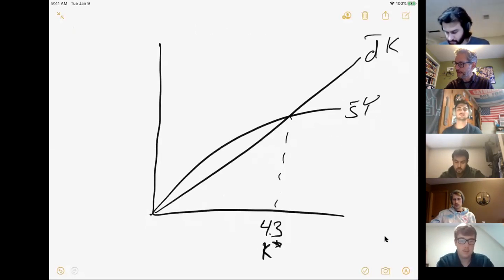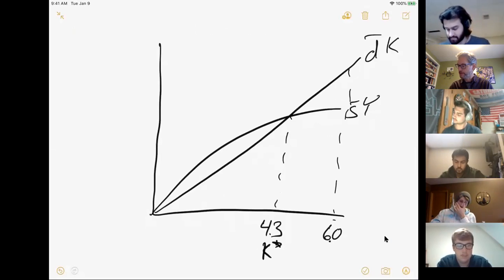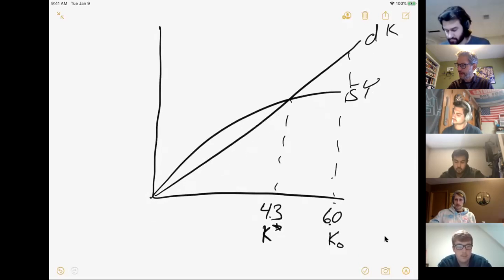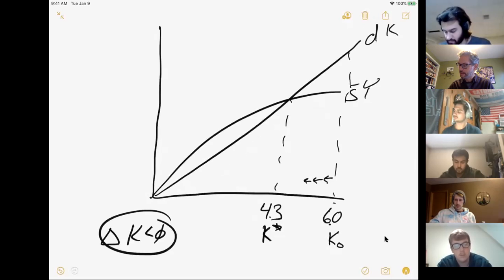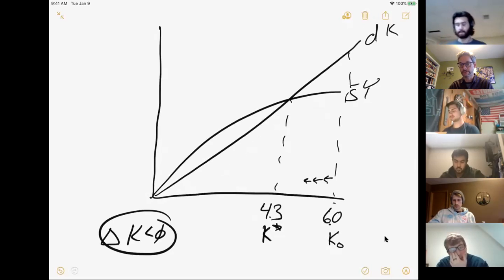But where are we starting out? We're starting out at 6.0. So what should we be finding? We should be finding that we have negative growth. In other words, the change in K should be negative here. But what's going to happen to the change in K as we get closer to the steady state? The change in K should get closer to 0, right? So that's what we found in this answer.